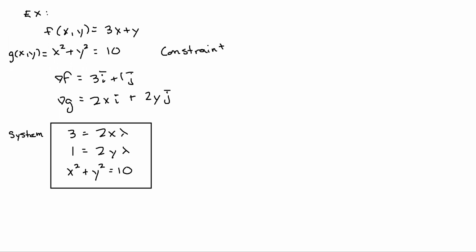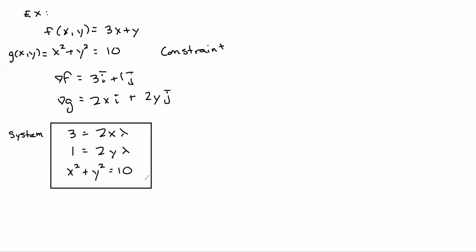Okay, so to solve the system, there's a couple of ways you could do it. You could solve the first equation for x and the second equation for y. They'll both be in terms of lambda, and then plug into the third equation. Or you could solve the first equation for lambda and the second equation for lambda, set those two equal, and find a relationship between x and y, and then plug into the third equation.